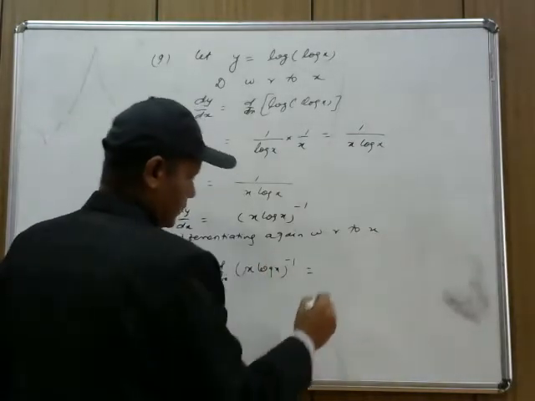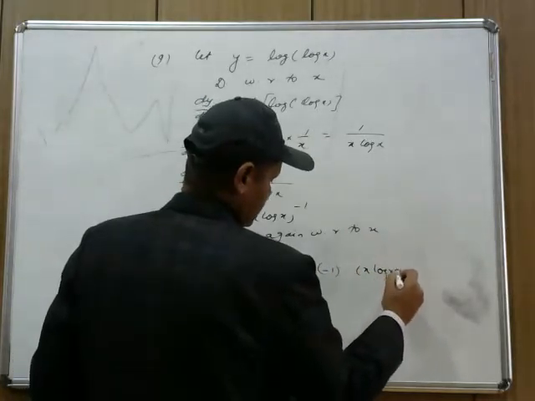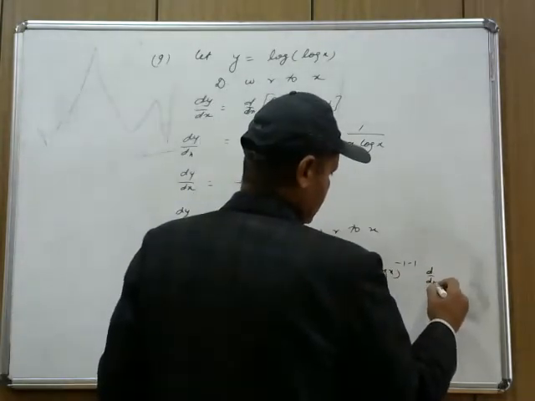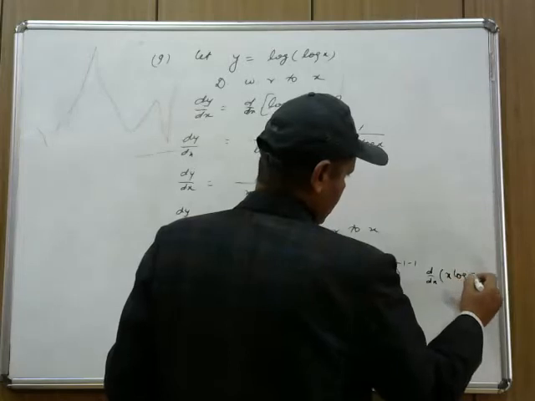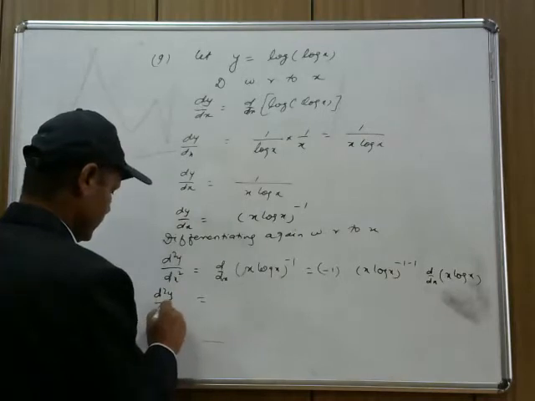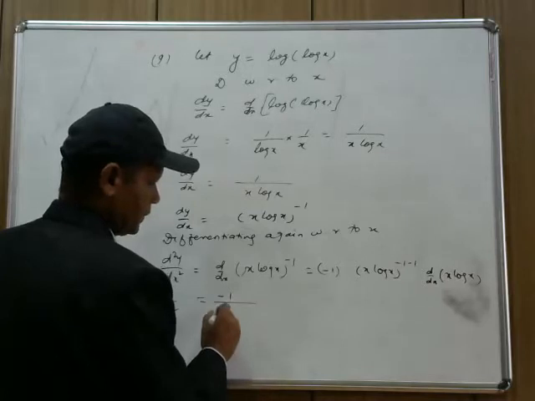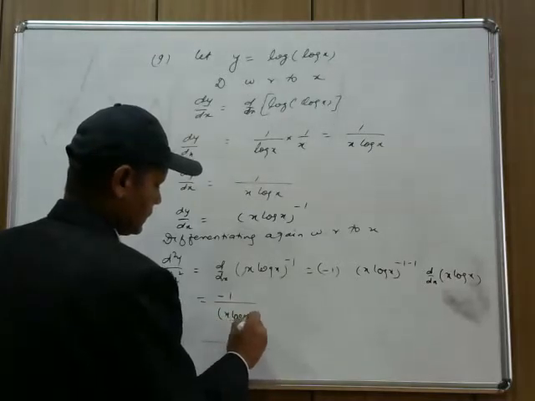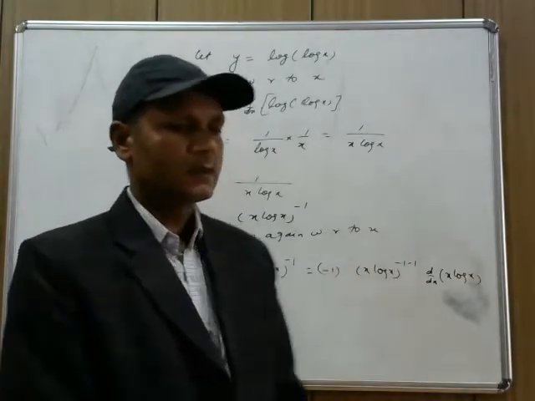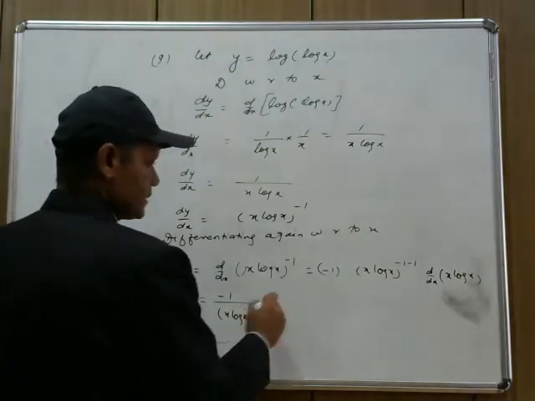This will give you minus 1 into x log x to the power minus 1 into differentiation of x log x. So d2y by dx square is equal to minus 1 upon x log x to the power 2, into differentiation of x log x.